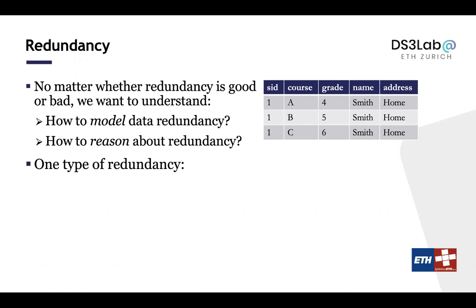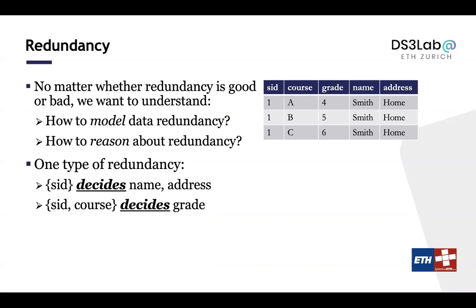Specifically, we are going to be focusing on one type of data redundancy. You can see in this relation, you have student ID deciding the name and address of the student. You cannot have one student ID connected to multiple names. If I know student ID, I must know the name. And you also have student ID and the course deciding the grade.